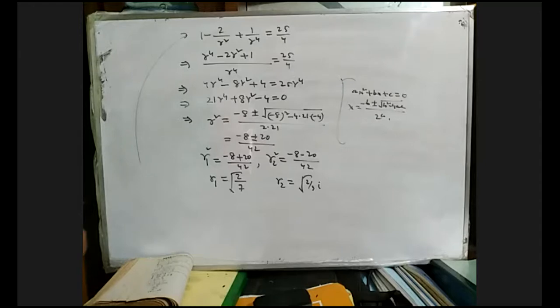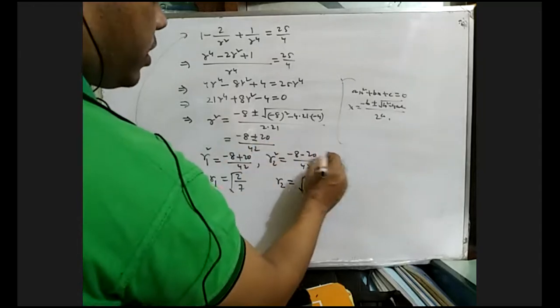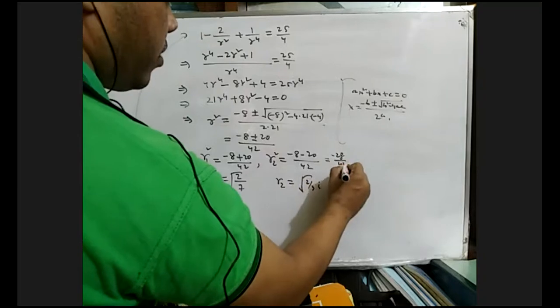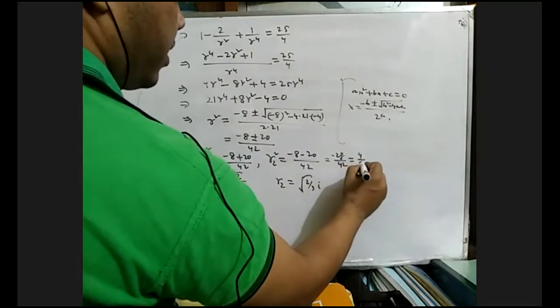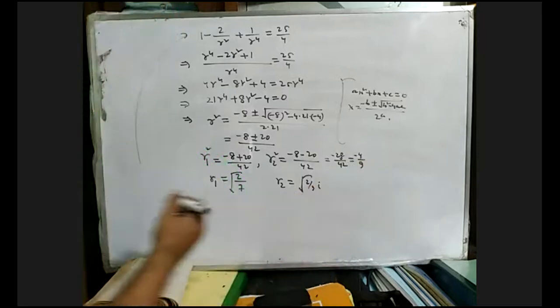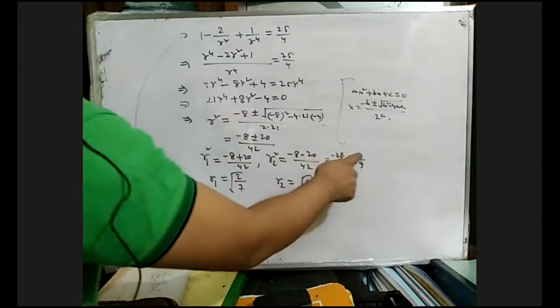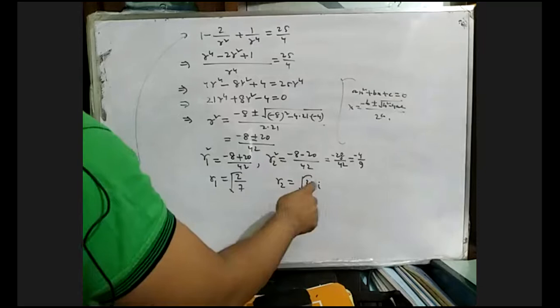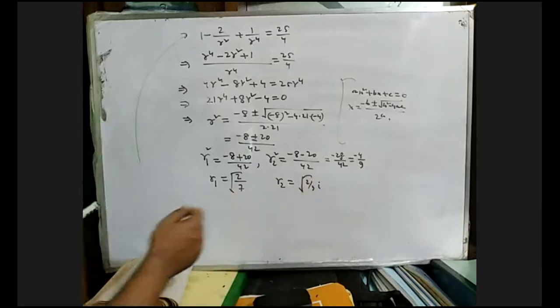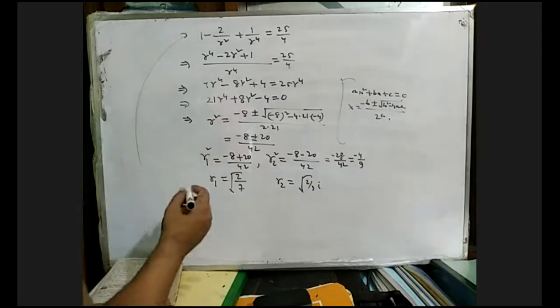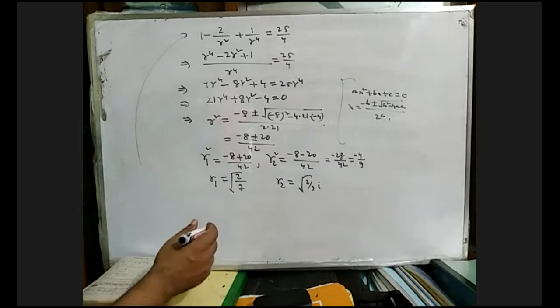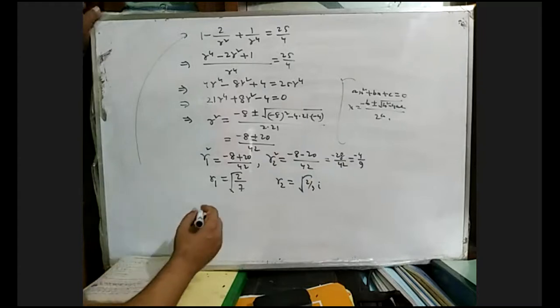From this we get minus 28 divided by 42, which means minus 4 by 9 square. Minus 1 means i square and 4 by 9 means root over 2 by 3. So we get two values of r. Therefore, this r is the length of the semi-axis.